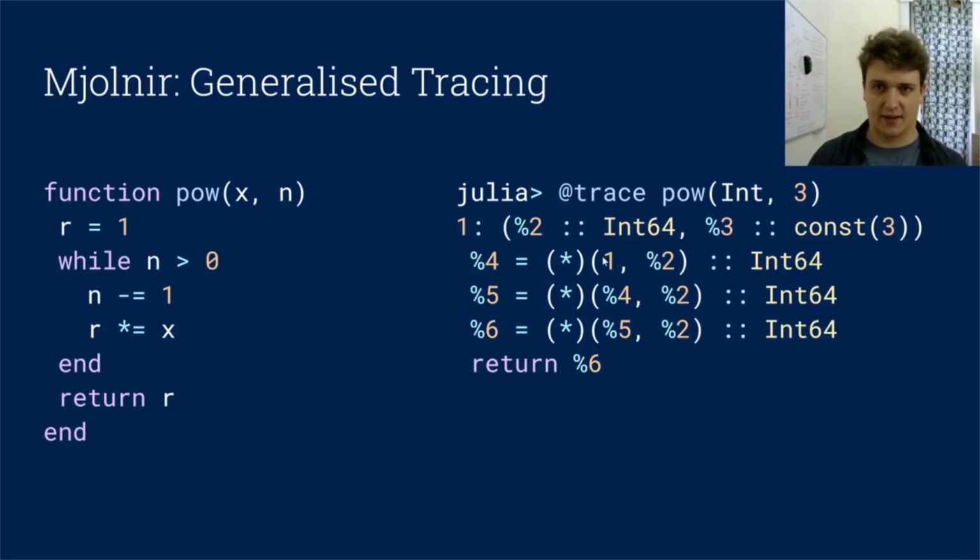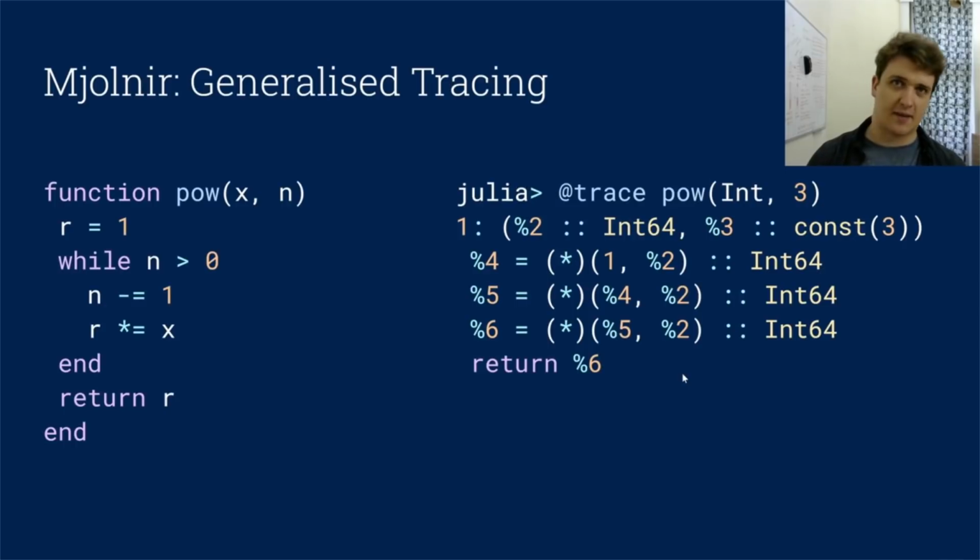And so just like in a standard tracing implementation as you'd find in Python or something, you get this linear trace, which is just a sequence of instructions, no control flow, nothing else. We know the loop runs 3 times, so we just get the same multiply instruction 3 times over, things like that.